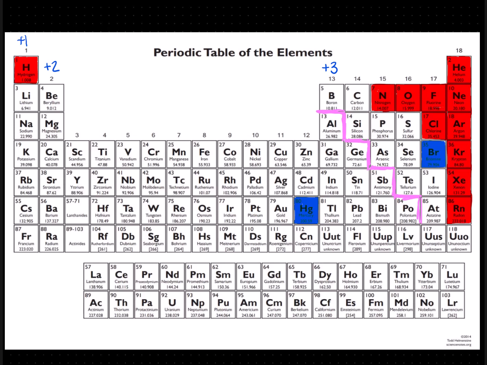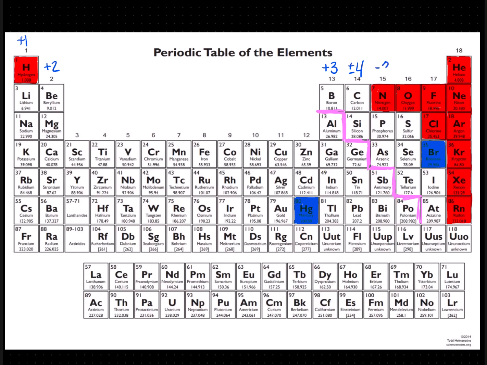Carbon family has 4, so it can take or give away 4, so it tends to be a plus or minus 4. Nitrogen family has 5 valence electrons. At this point, it's easier to take in 3 electrons to make 8 rather than get rid of 5 valence electrons.